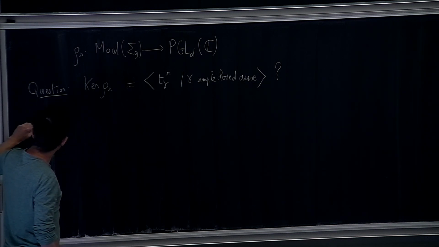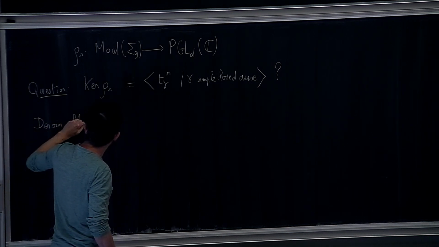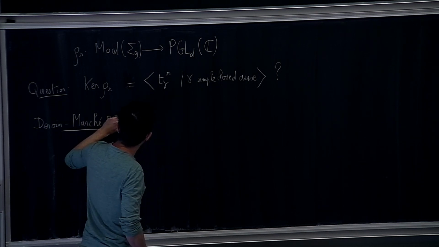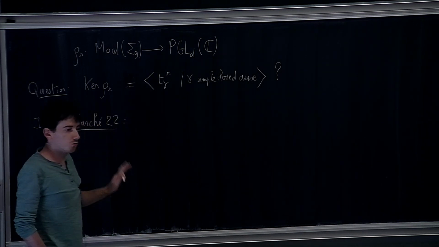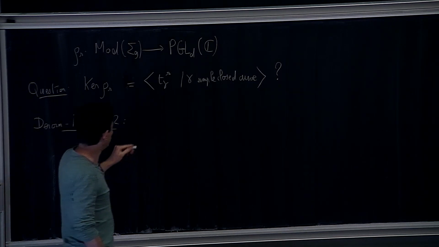There is actually some kind of deep work of Funar and Marché of 22, which more or less says that this is true for some specific examples of the quantum representation.